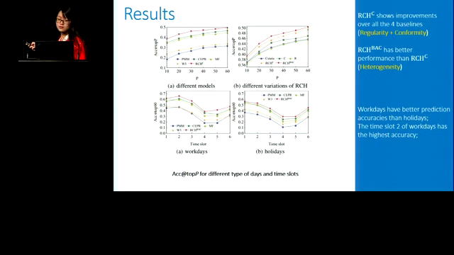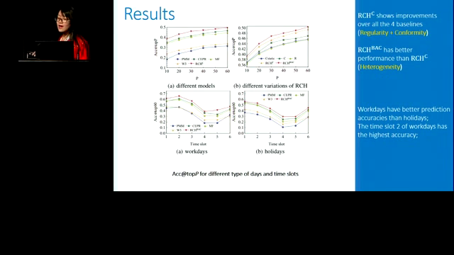RCH-C and RCH-BAC are the RCH model using or not using heterogeneous mobility data in location profiles. Here, RCH-C shows improvements over all 4 baselines, which indicates the superiority of combining regularity and conformity. And RCH-BAC has better performance, which indicates the superiority of heterogeneity.